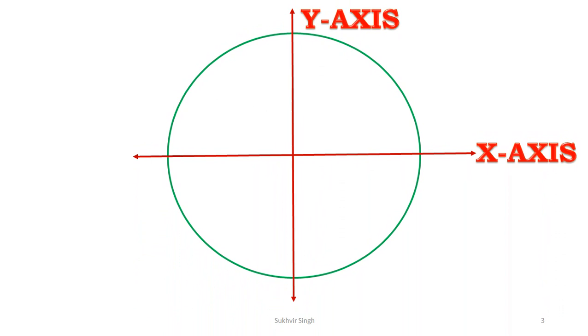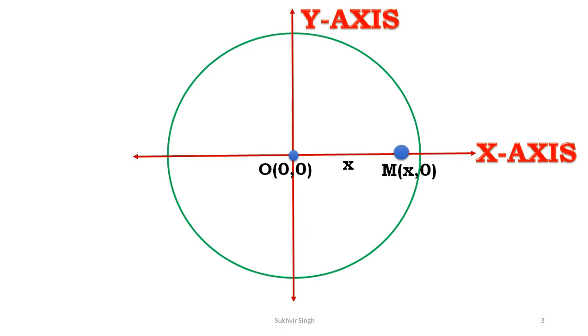Let us take one coordinate axis frame and one circle with center at the coordinate axis. That center is (0, 0). Consider any one point at a distance x from the origin.